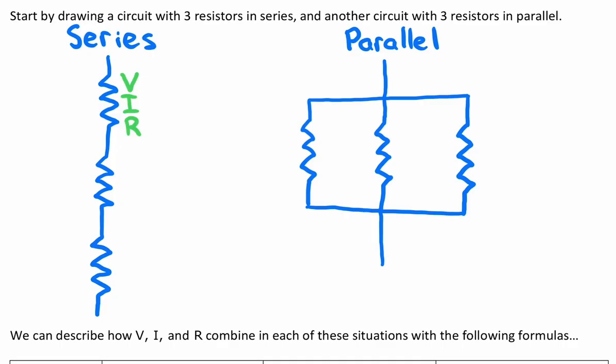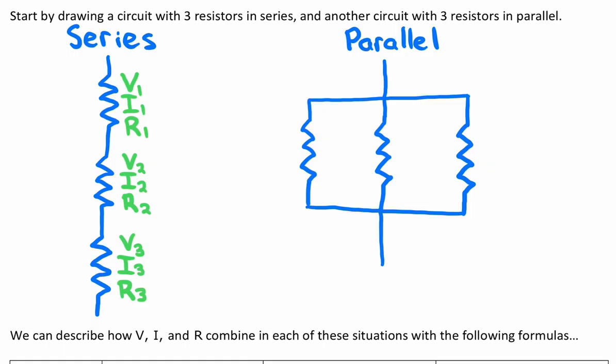And I'd have a voltage and a current and a resistance at each resistor. And to help me remember which is which, I could maybe call them voltage 1, current 1, and resistance 1, all from the first resistor, voltage 2, current 2, and resistance 2 for the second resistor, and then 3s for the third resistor.